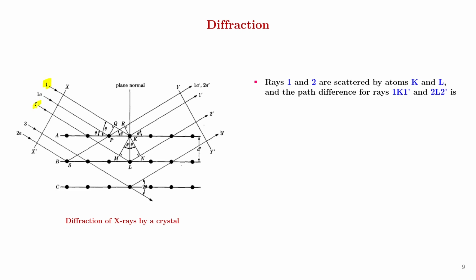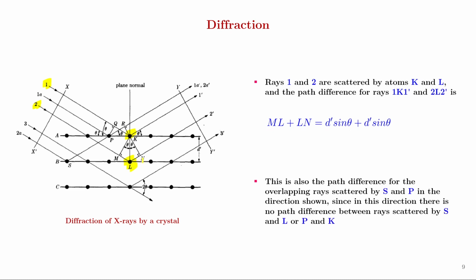Rays 1 and 2 are scattered by atoms K and L, and the path difference for 1K1' and 2L2' is ML plus LN equal to d' sin theta plus d' sin theta. This is also the path difference for the overlapping rays scattered by S and P in the direction shown, since in this direction there is no path difference between rays scattered by S and L or P and K.